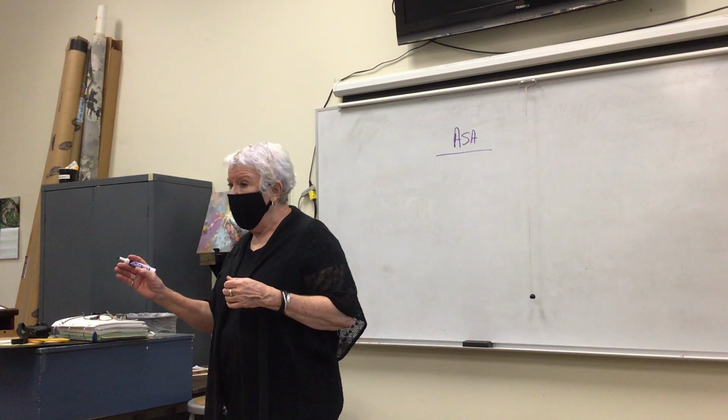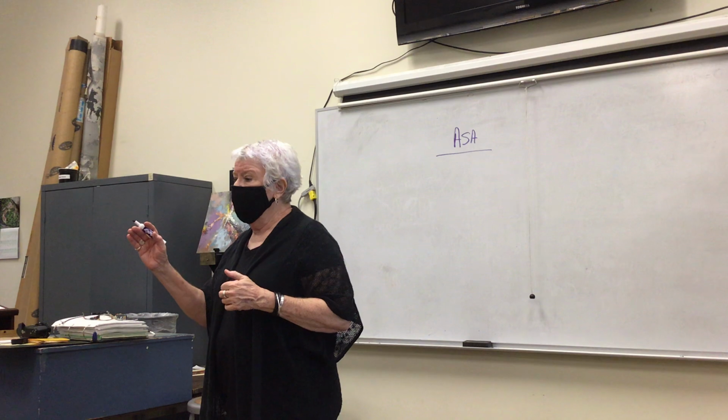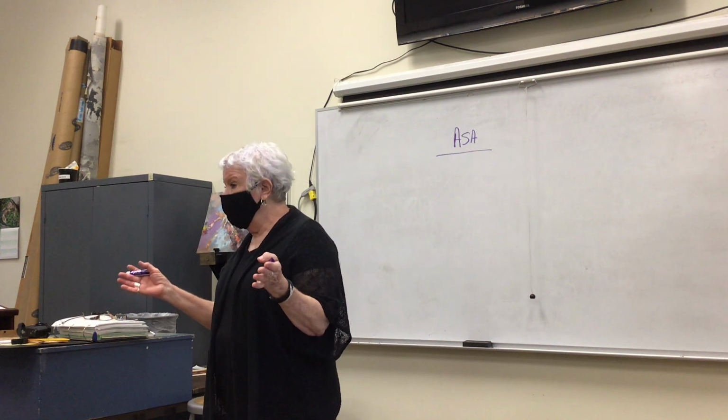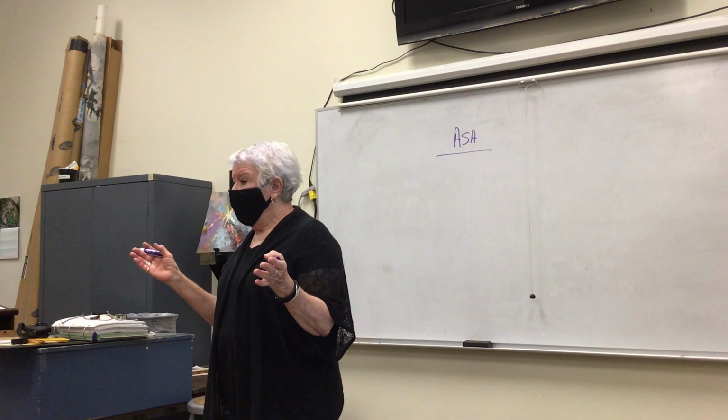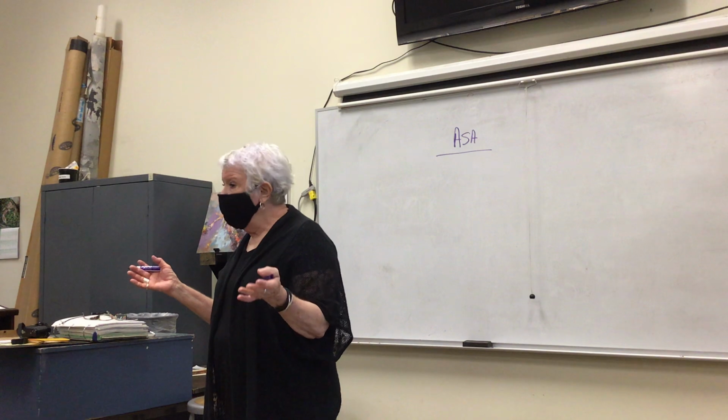So the slower the ASA, the lower the contrast; the higher the ASA, the greater the contrast and the loss of information. Does that make sense? That's not that confusing.